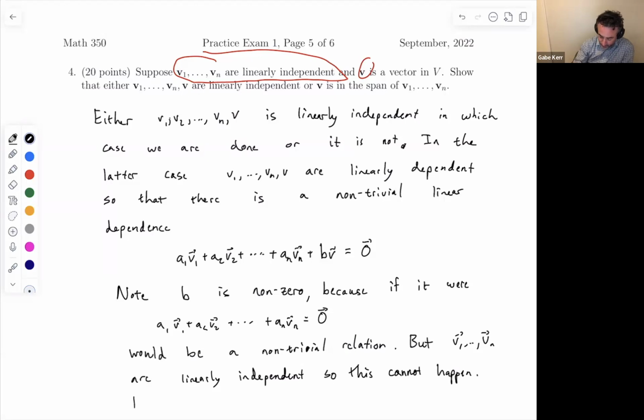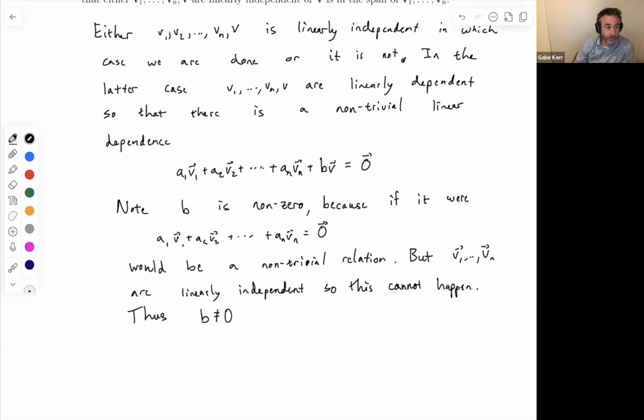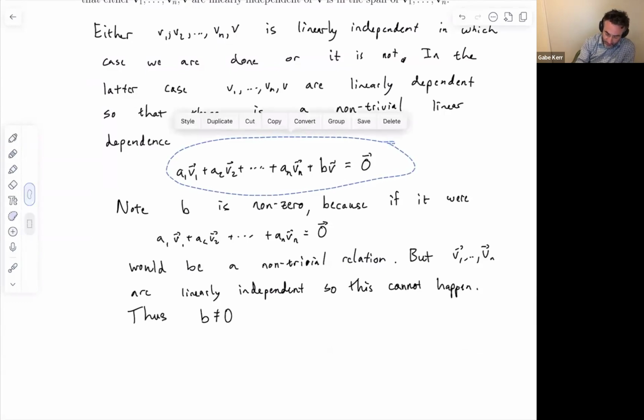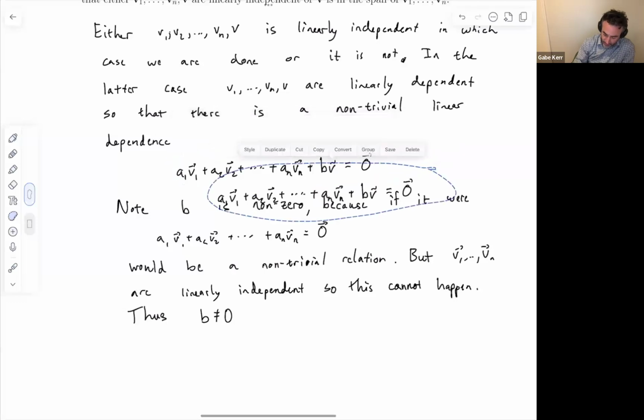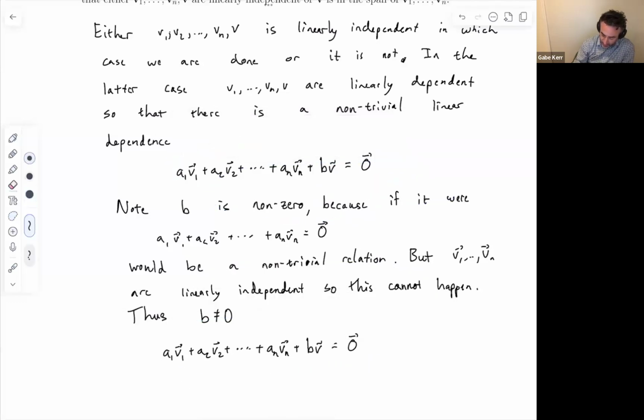Thus, I verified what I asserted. B is not a zero scalar. But once B is not a zero scalar, we're in business, right? Because that means I can take this relation and subtract BV from both sides. I can divide by negative B, because that's the key. Because B is non-zero, I can divide.